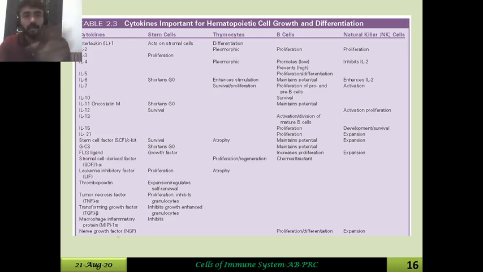The different cytokines produced by different cells, how they affect the stem cell, and which type of cells are either proliferated or inhibited. This table will give you a detailed idea about that.